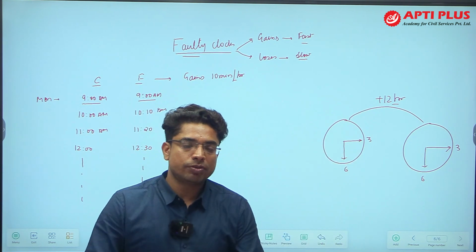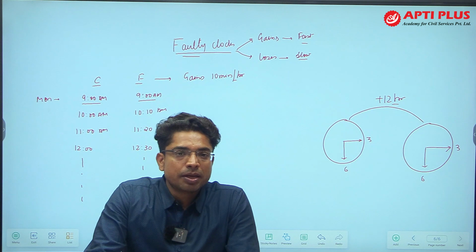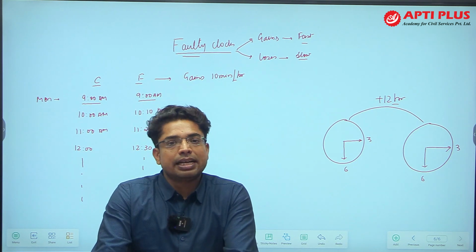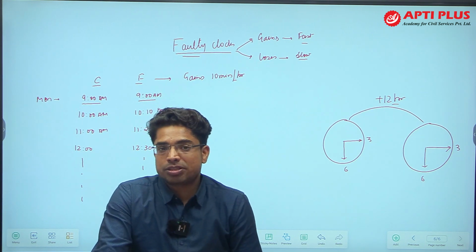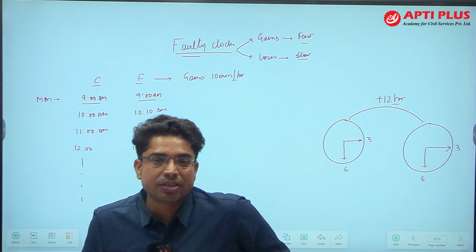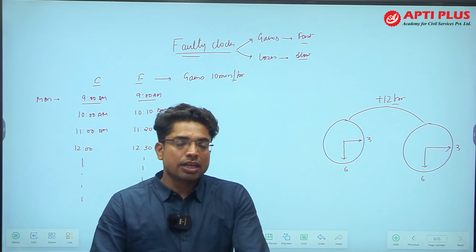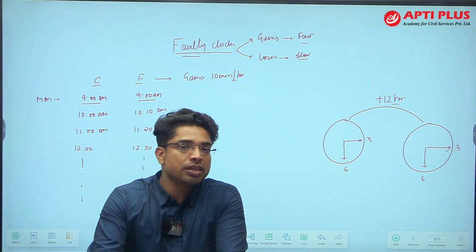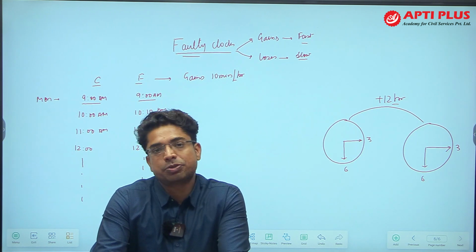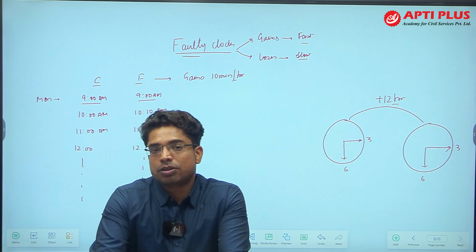Differing by 12 hours would mean one is AM, other is PM. But do you think the clock has any idea what AM PM is? That is our concept, right? In the morning we say AM, in the evening we say PM. But the clock has no idea what AM PM is. So, the visible time on the clock has to be the same. This is exactly the concept here.